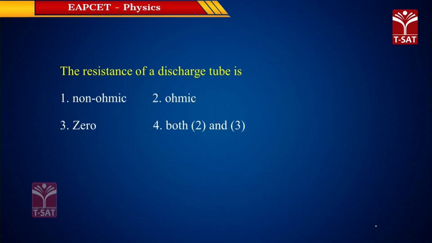At constant temperature, the voltage is directly proportional to the current. V is equal to RI. A discharge tube cannot satisfy Ohm's law. Therefore, this is called non-ohmic. Therefore, the first option, non-ohmic, is the correct answer. Resistance of a discharge tube is non-ohmic.